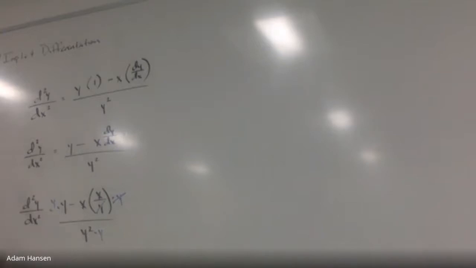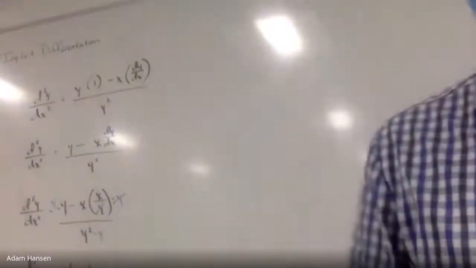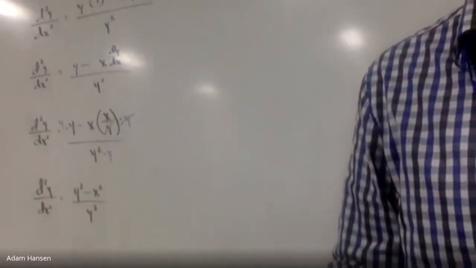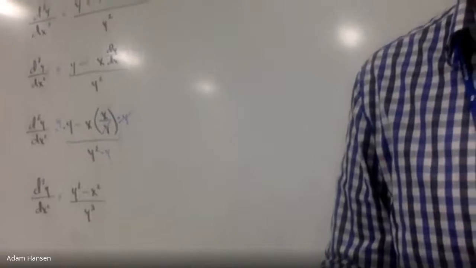So that leaves me with d squared y over dx squared equal to y squared minus x squared over y cubed. We're getting real close. There is technically one last thing I can do to simplify.